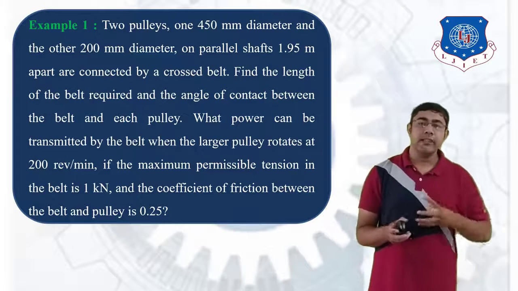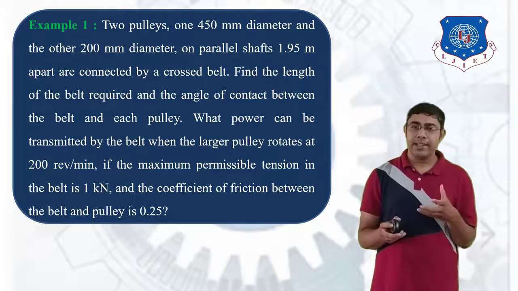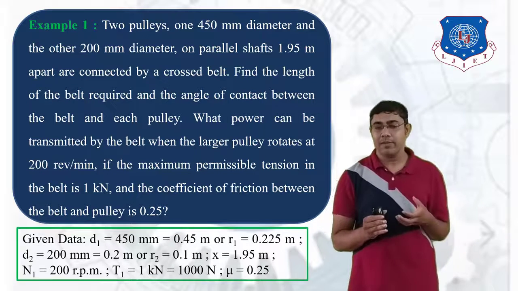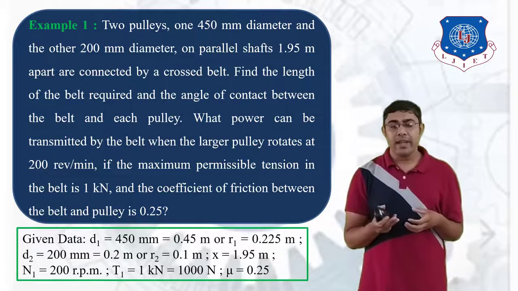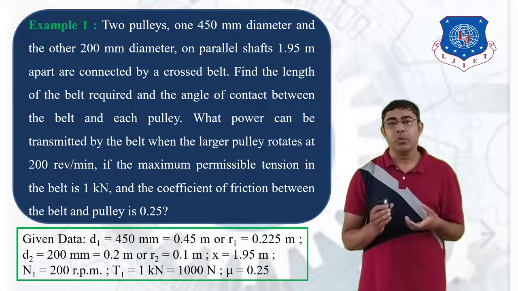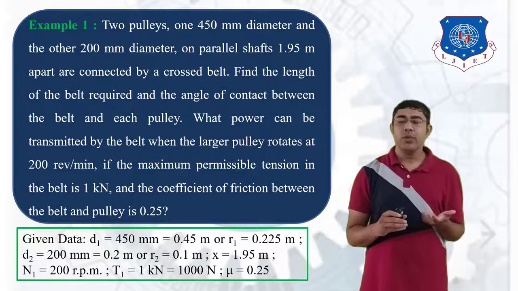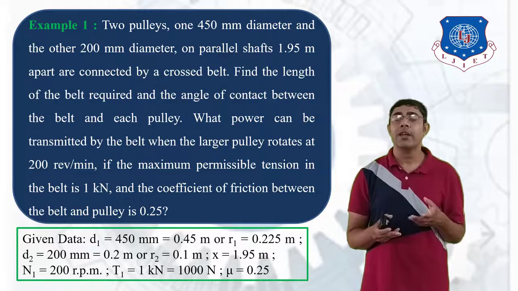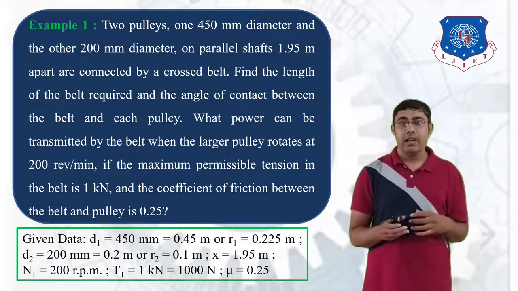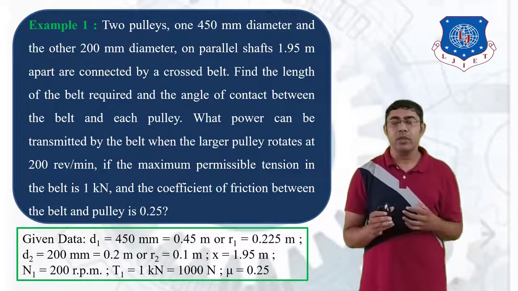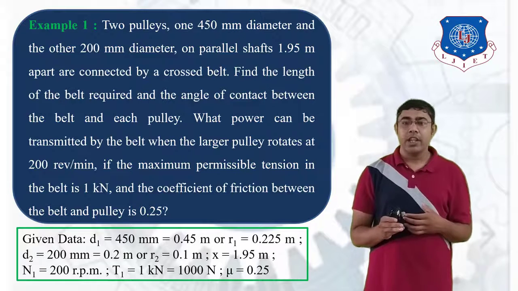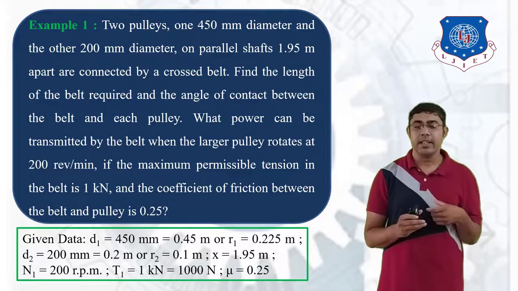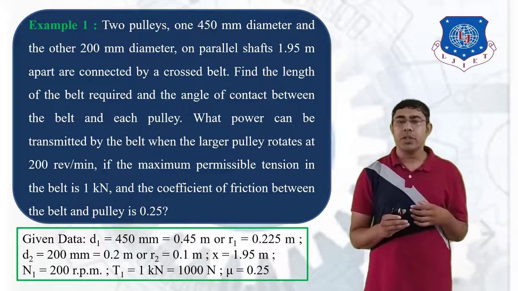According to this given configuration, we first collect the data: D1 is equal to 450 mm, or 0.45 meter, so R1 is equal to 0.225 meter. D2 is equal to 200 mm, or 0.2 meters, so R2 is equal to 0.1 meter, and center distance x is equal to 1.95 meters. N1, the speed of the larger pulley, is 200 revolutions per minute.